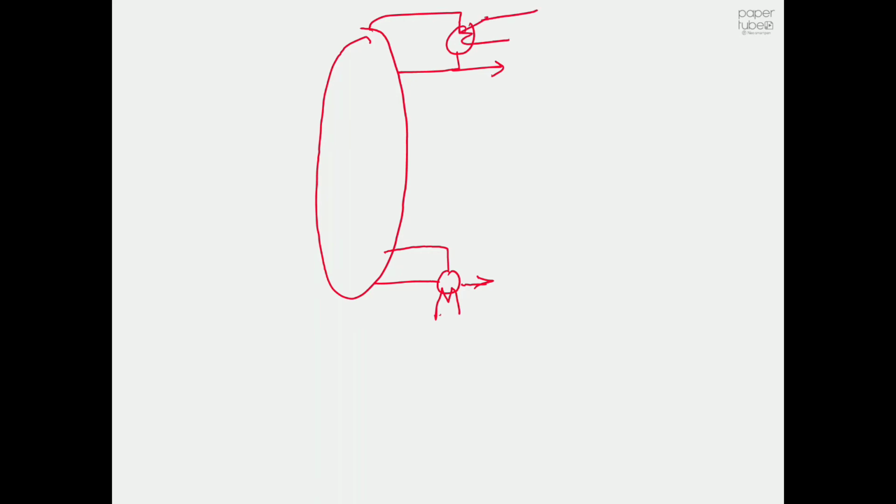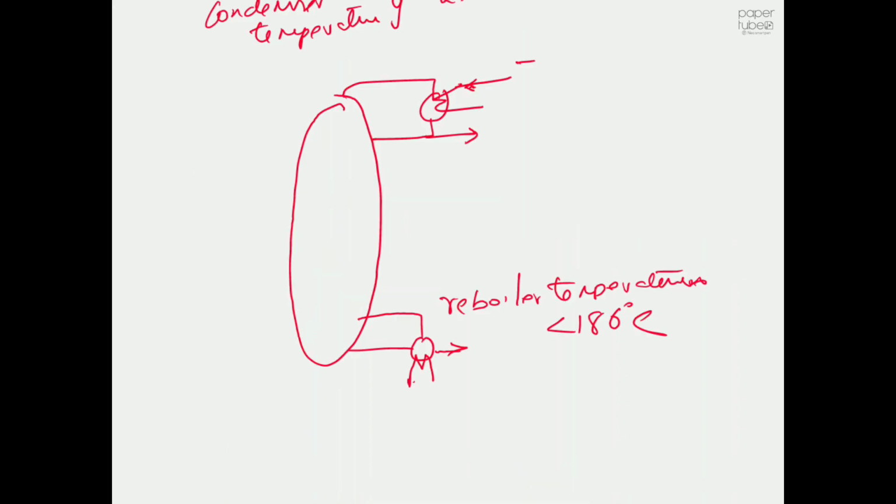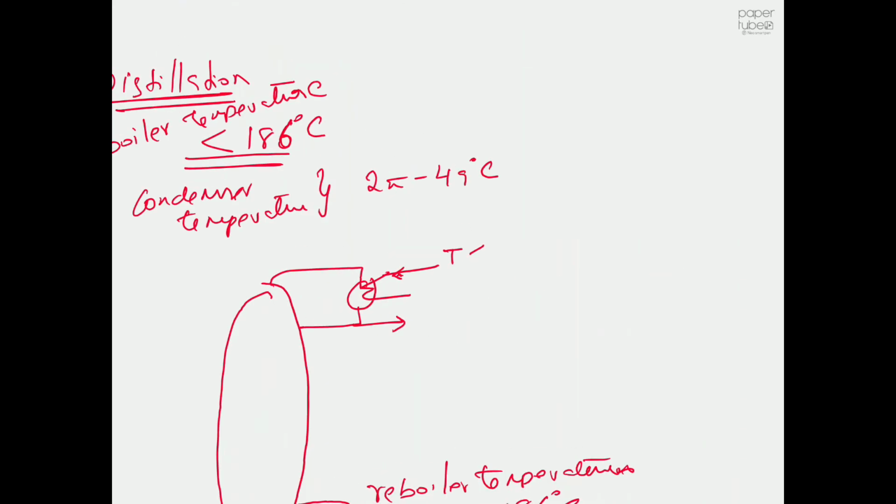What I mean is that we have to maintain the reboiler temperature less than 186 degrees centigrade, and then you have to maintain the condenser temperature in the top. It should be within this range, 25 to 49 degrees centigrade.